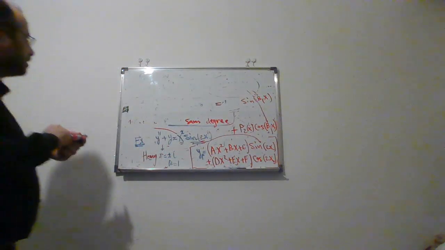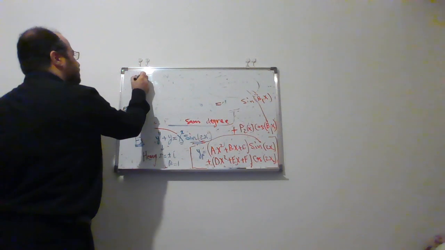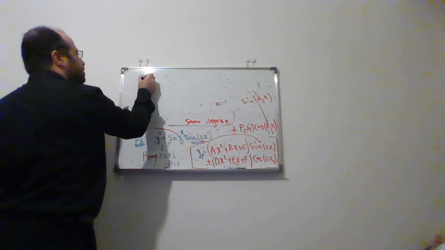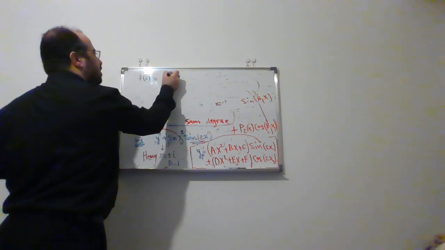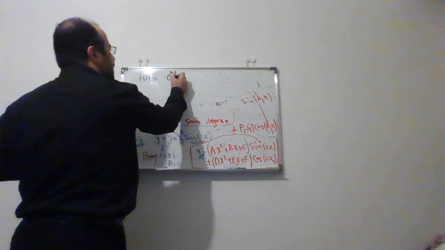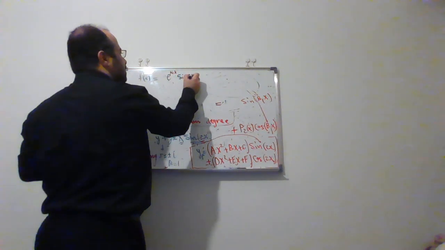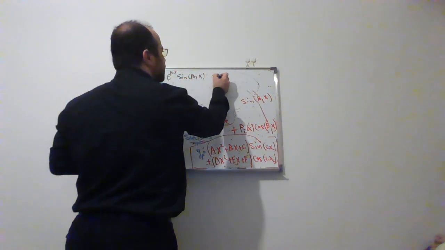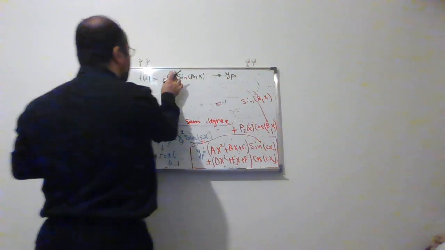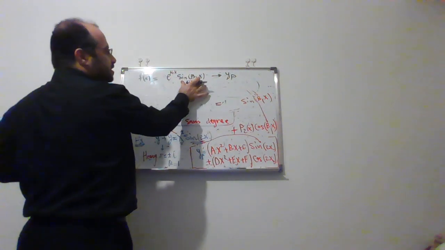So let me go with something like, what if my f of x is e^(k1x) sine(beta1 x)? So what is the right y particular to choose? Is this a nice function? Yes, it is a nice function.